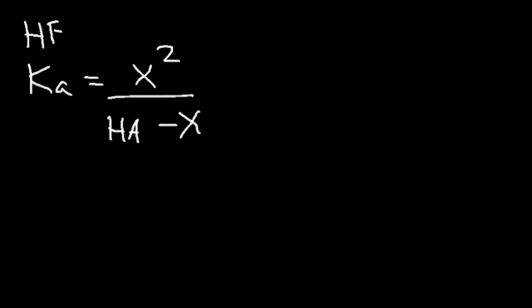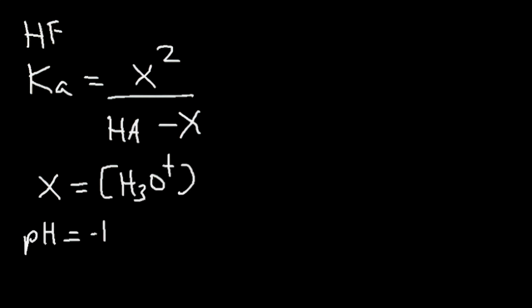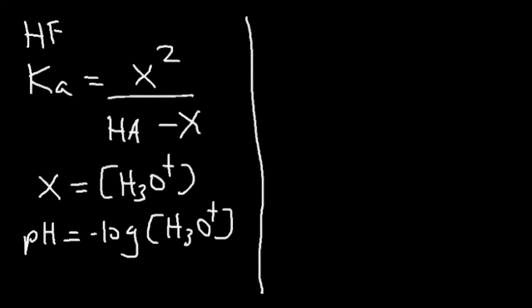But once you use this equation and once you find X, you need to know that X represents the concentration of H3O+. So your next step is to find the pH, which is the negative log of the H+ or H3O+ concentration. So that's if you have an acid dissolved in water.